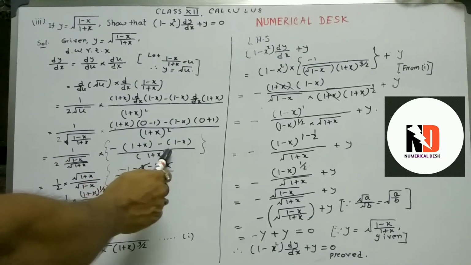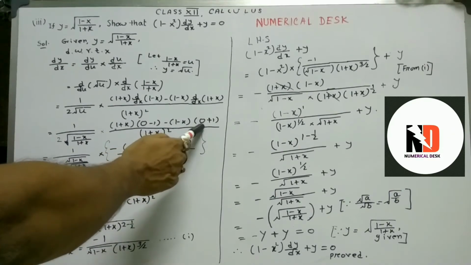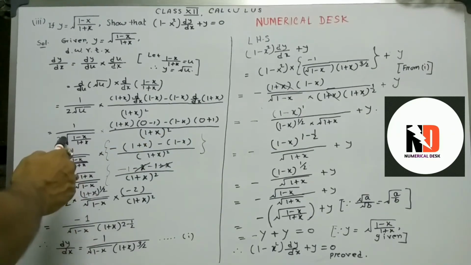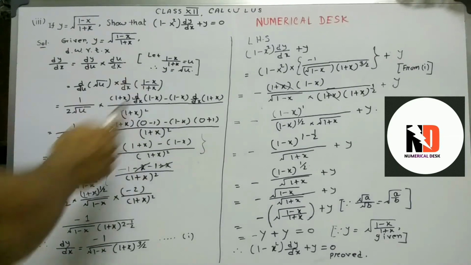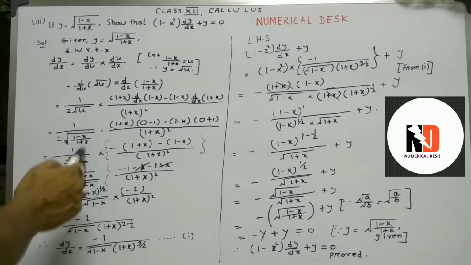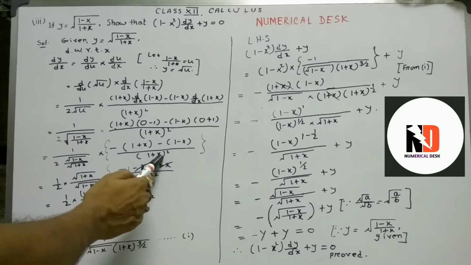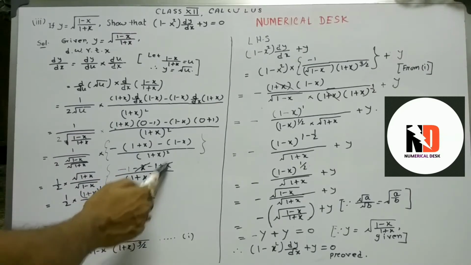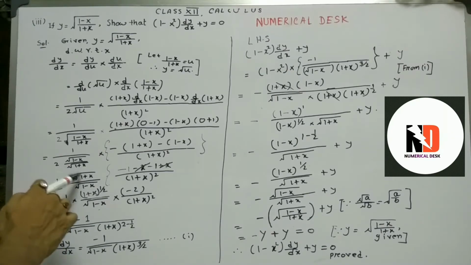Now differentiating, what happened? 1 plus x into 0 minus 1, minus 1 minus x into 0 plus 1, by 1 plus x whole squared. This part is not much more difficult. I think you all can do this sum, putting the value of u, and on simplification, removing the bracket, we get what?